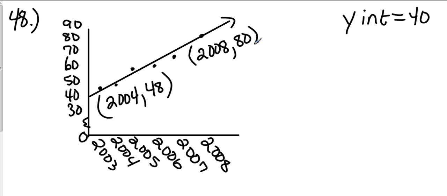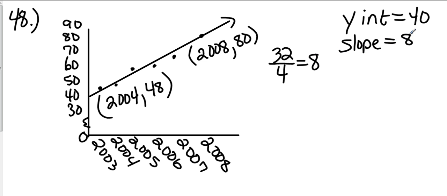Okay, so I'm going to subtract my y's. 80 minus 48 is going to leave me with 32. And then 2008 minus 2004 is 4. So 32 divided by 4 is 8. So that gives me a slope of 8, making my equation y equals 8x plus 40.